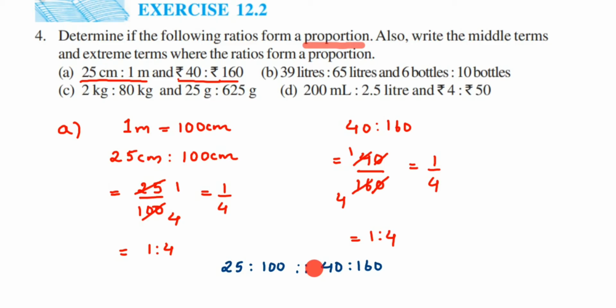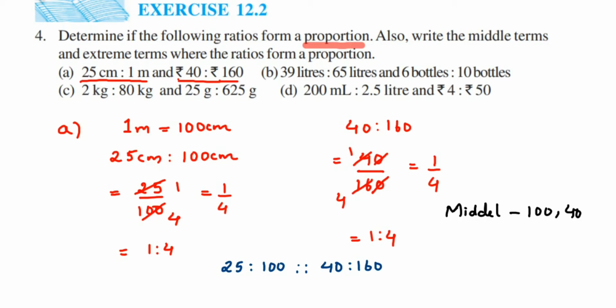So here this 100 is in centimeter. Remember, I'm not adding 1 meter, I'm adding 100 centimeter here. So the middle terms will be 100 and 40, or you can write down 1 meter and 40 rupees. You can even write down that.